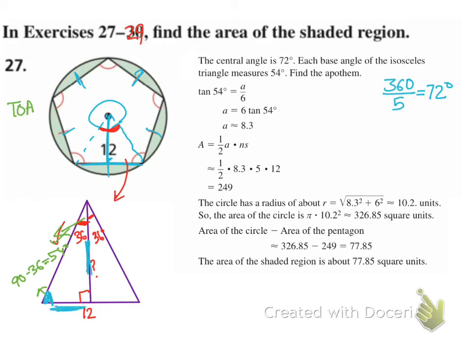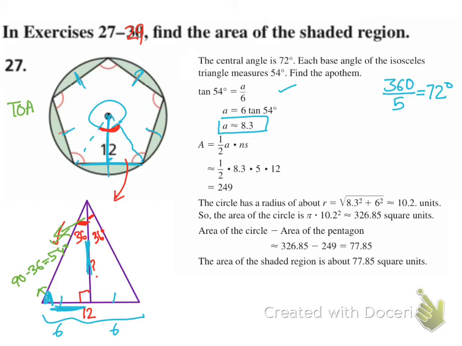Okay. Now if I know the total is 12, so this is going to be 6, 6. So 6 is the adjacent and opposite is the apothem, which we don't know. So tangent 54 is A over 6 here. Cross multiply, it's 6 tangent 54, and you get your apothem is roughly equal to 8.3.